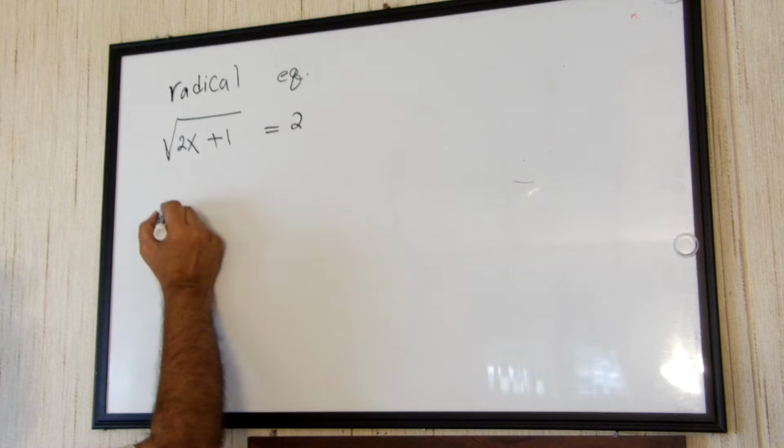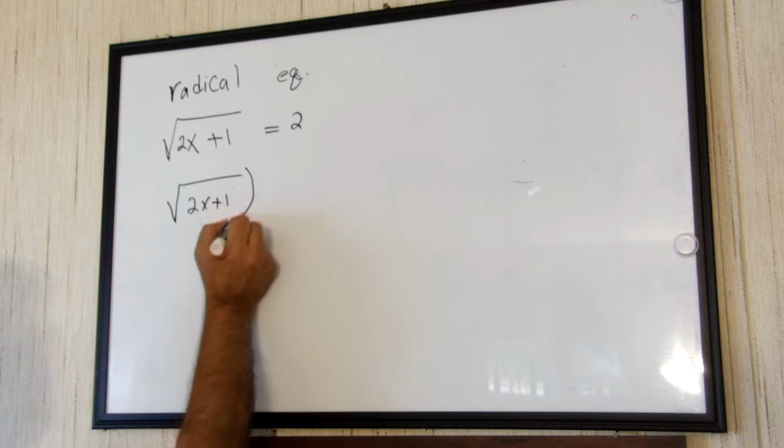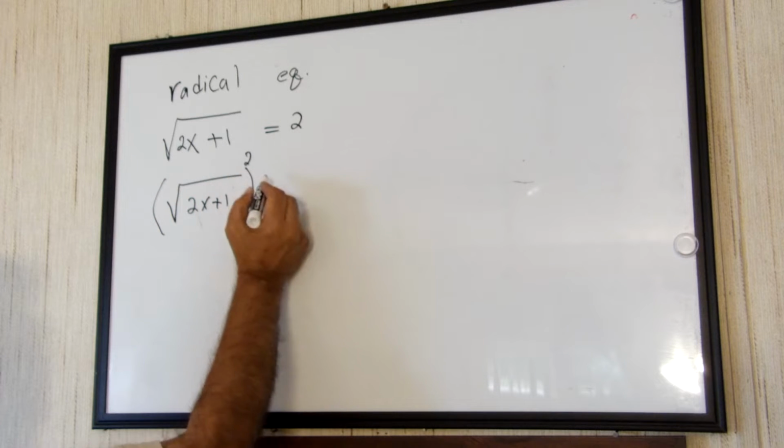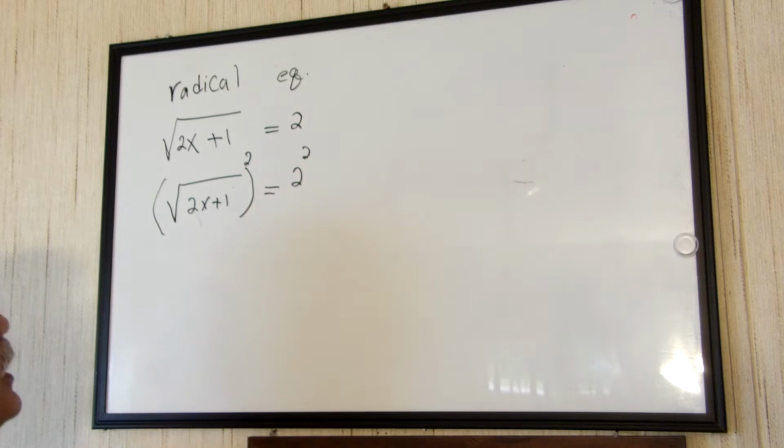What you do is square it. If you square this side, you also have to square the other side.